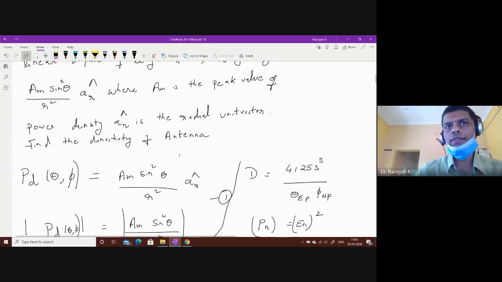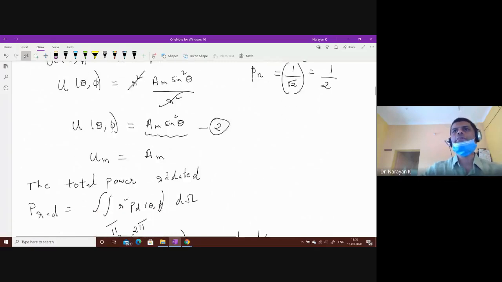When you normalize the Pn, what you have to do? Divide the given value by the maximum value. If I do all that, your Am will get cancelled, r square will get cancelled. So only your sin square theta will be remaining.